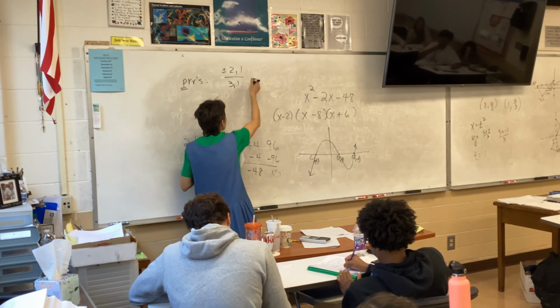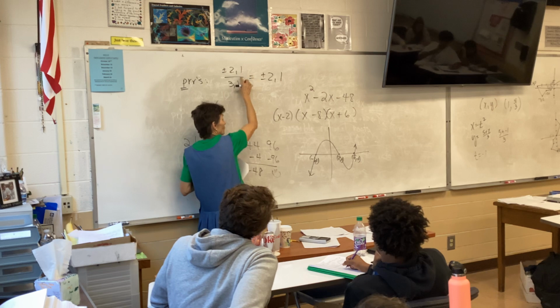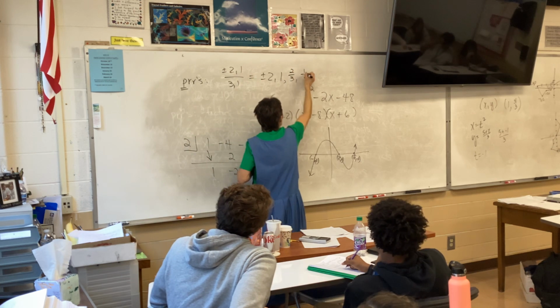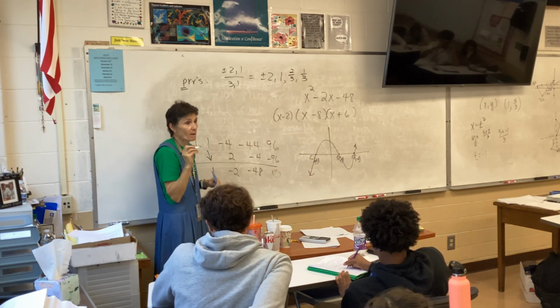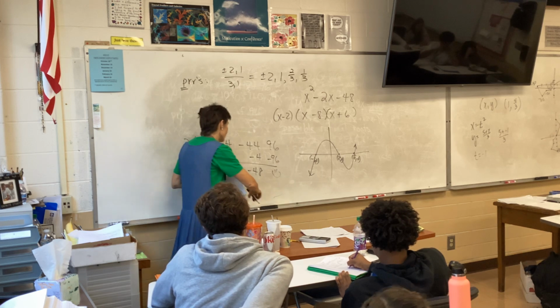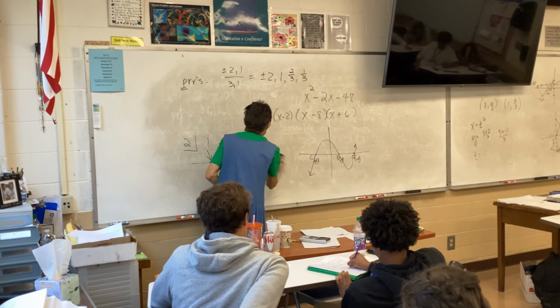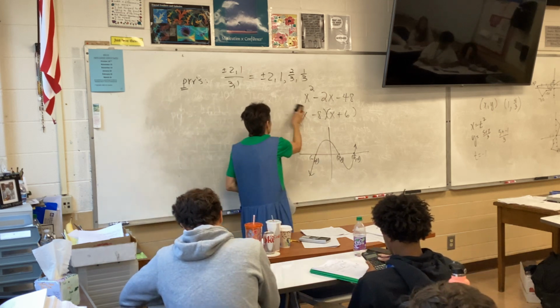Now kids, that means you have 2 over 1, 1 over 1. But you also have 2/3 and 1/3, plus or minus all of those, positive and negative all of those. All right, so go to it. That's your list. That's where you're gonna get your rational roots. So whatever you're guessing, it's coming from that pile.